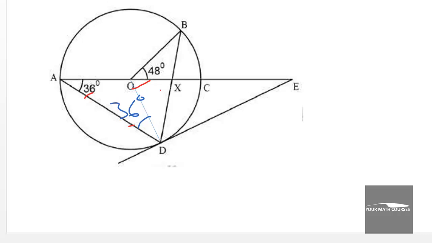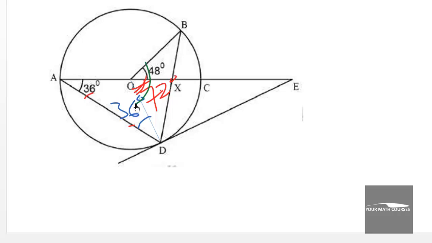So by the exterior angle theorem of a triangle, the angle here is 72 degrees. So we can find this whole angle here, which is 72 plus 48, and that will be 120 degrees.